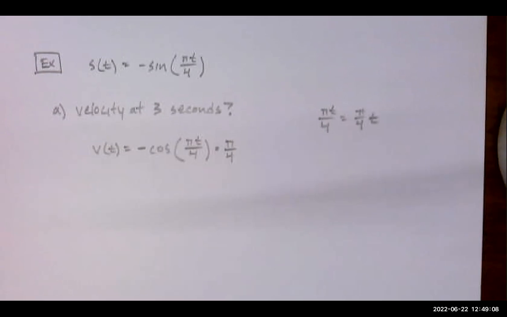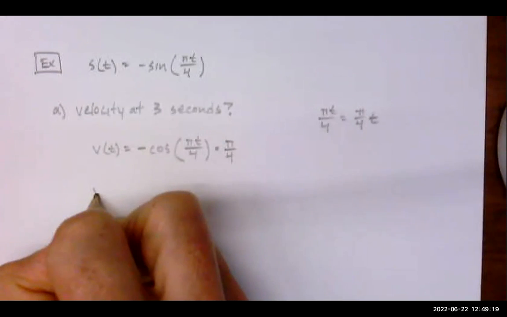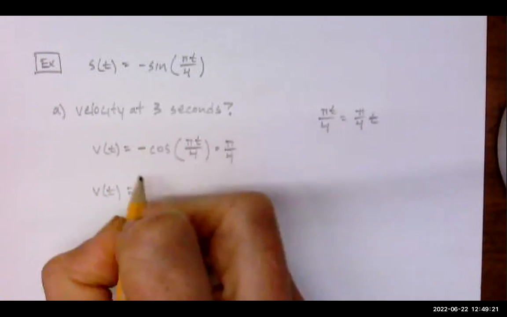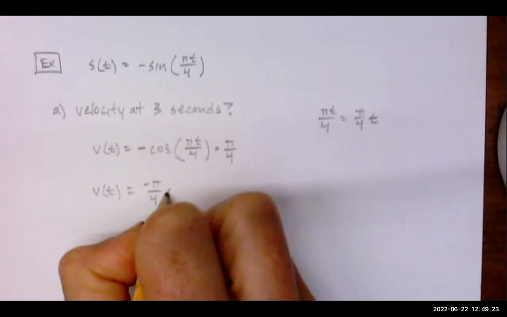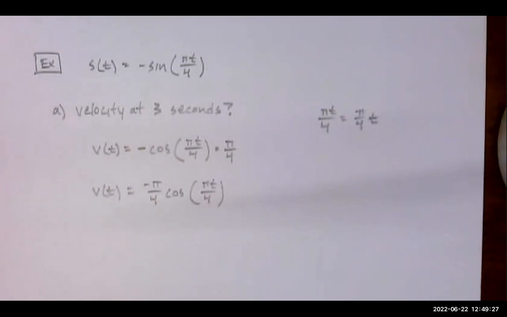Be careful if you do that, but it will result in pi over 4 as well. But it's a little bit easier thinking of it as the constant. Okay, so then v of t is negative pi over 4 cosine pi t over 4.